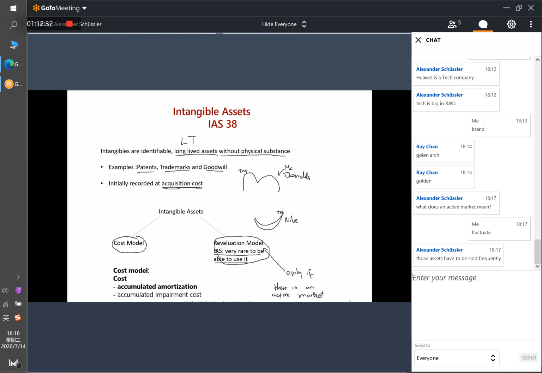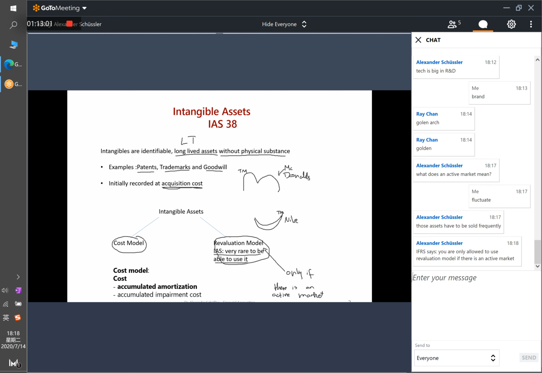And mostly with intangible assets there is no active market, because the Nike swoosh is not sold all the time, or the golden arch of McDonald's.